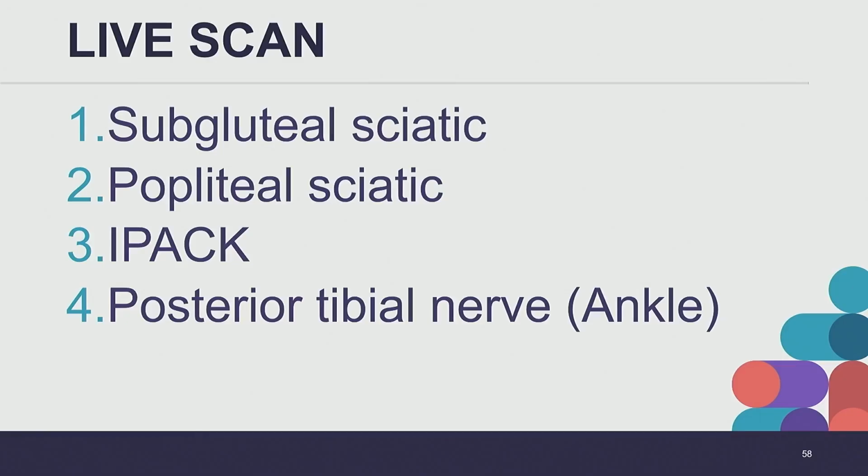Just underneath the gluteus maximus, the two bony structures again we're looking for are the greater trochanter and the ischial tuberosity. Here's the gluteus maximus way up here, quadratus femoris here, and right within this hammock, that's where the sciatic nerve lies. So this is the subgluteal approach to the sciatic nerve block.